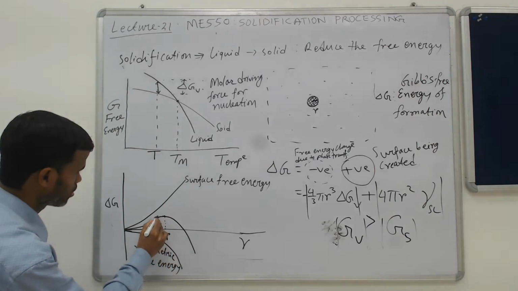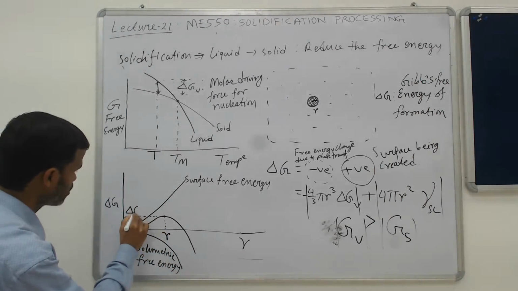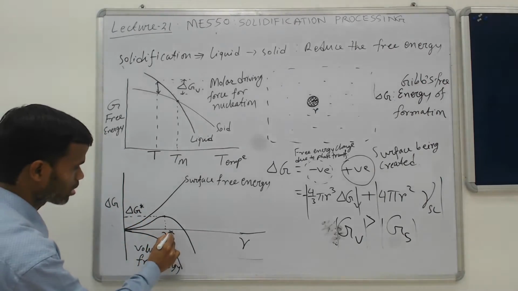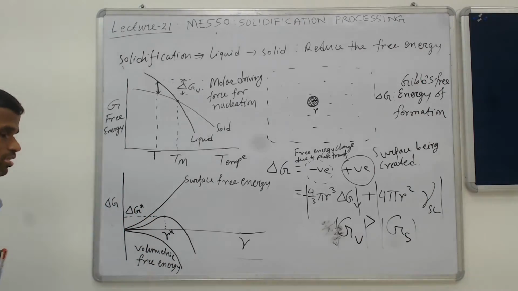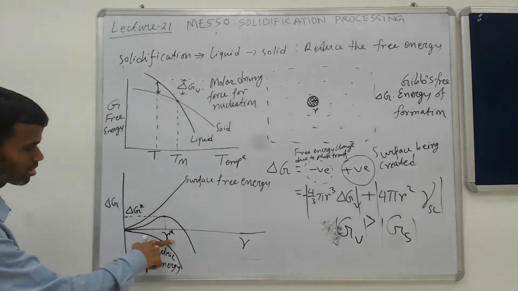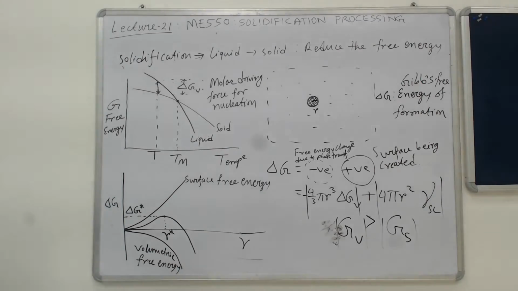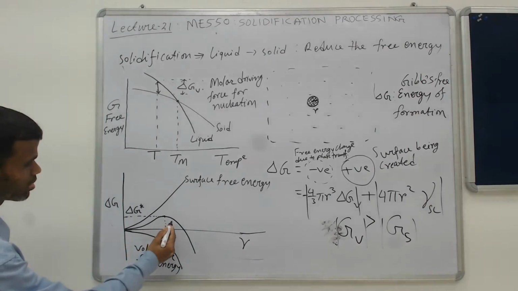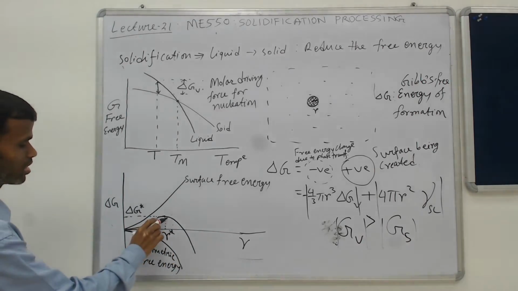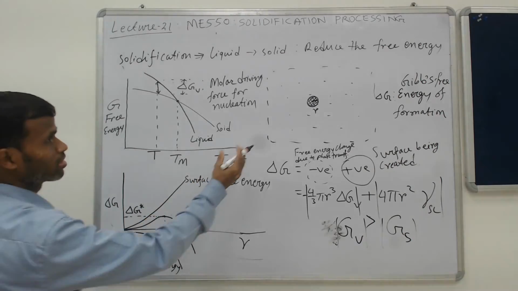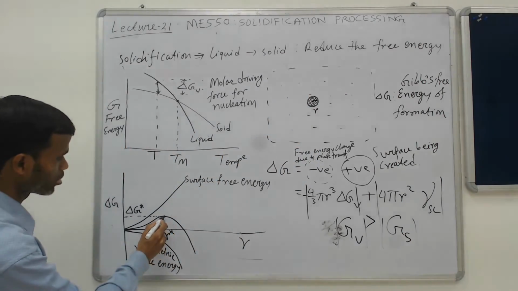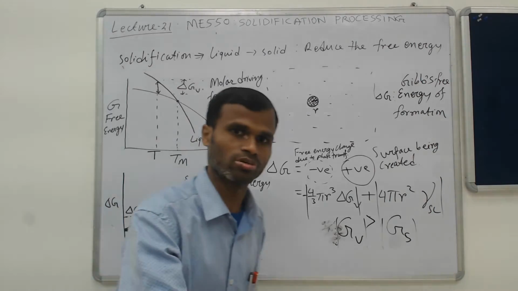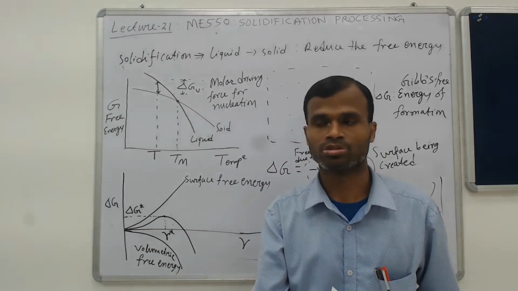This maximum is called the critical free energy change, and the size of the cluster at which this maximum occurs is called the critical size of the cluster. That means if you have a cluster a little bit bigger than this size, the cluster will try to become bigger in order to reduce the free energy. That is a favorable condition, and the transformation will continue. Liquid will be transformed into solid.